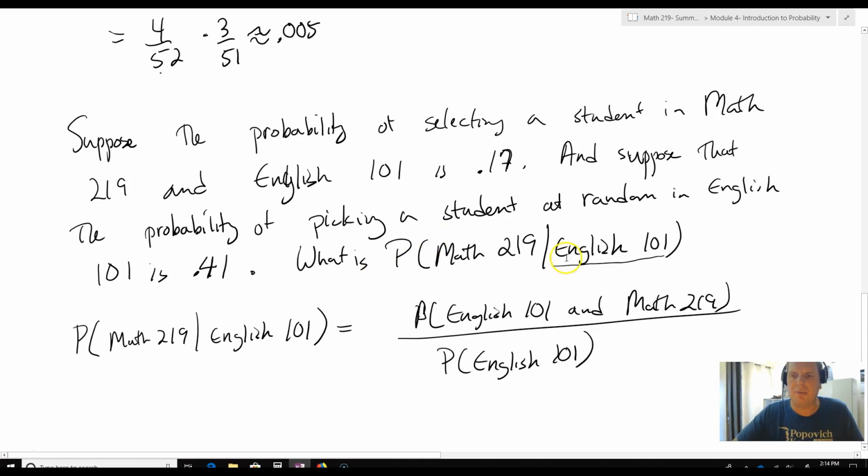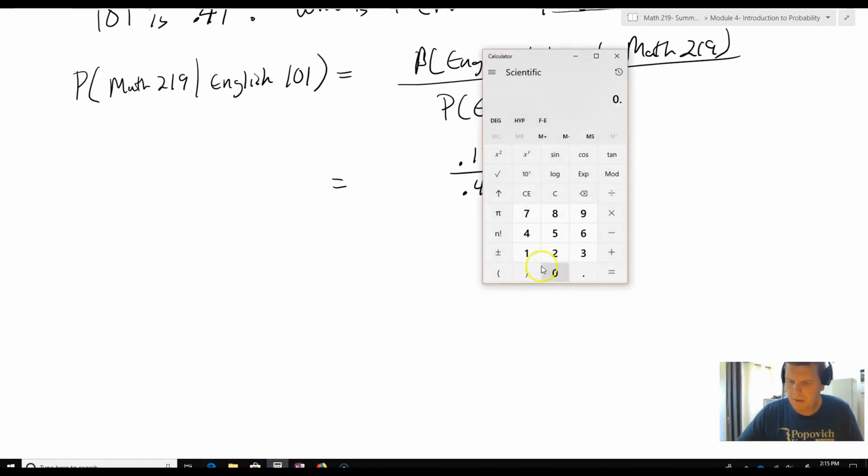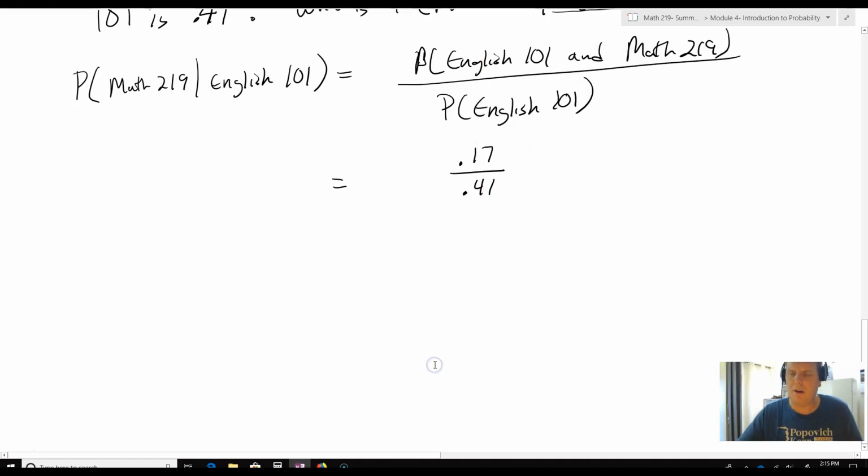It actually is the relationship we've got going on in this probability. So now I know this is going to equal 0.17 divided by 0.41, and that's 0.0697, so it's approximately 0.07.